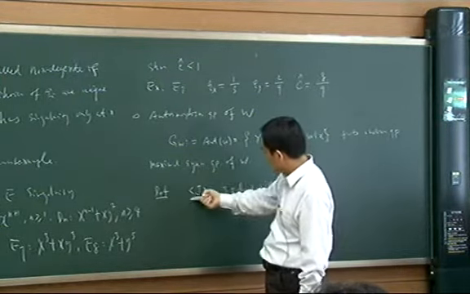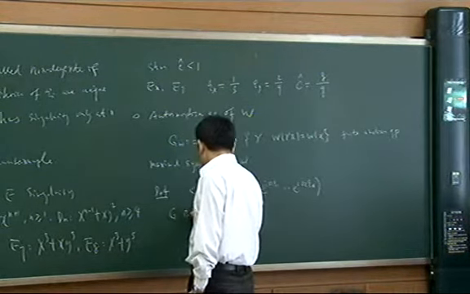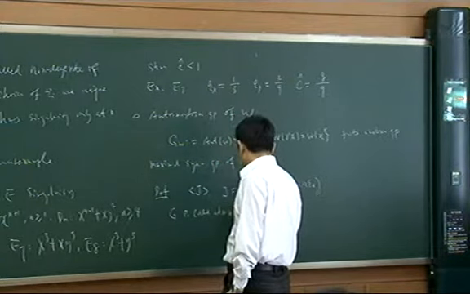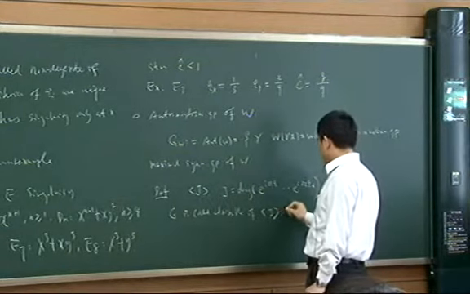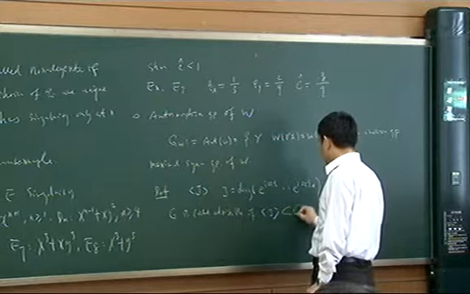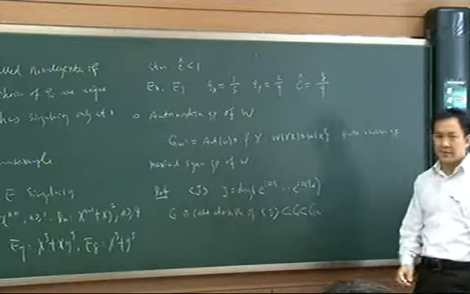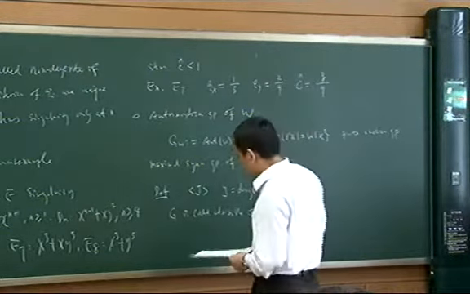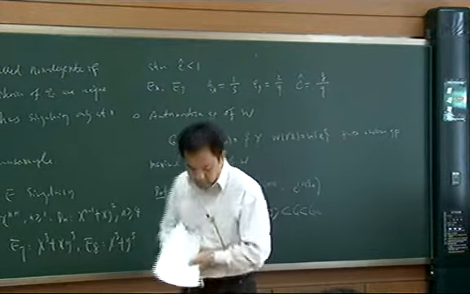This matrix generates a subgroup, and then a subgroup G is called admissible if this subgroup is contained in G, and G is contained in G_W. So this is an admissible group related to the singularity W. Okay.